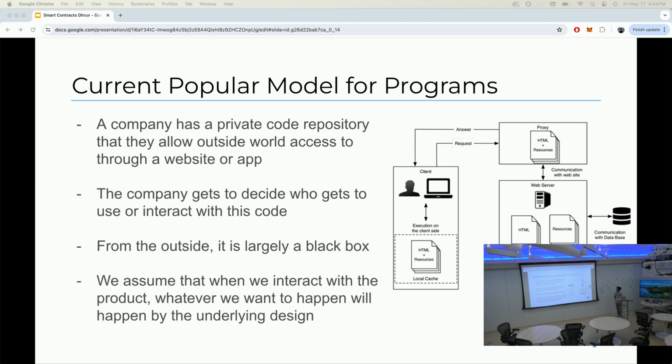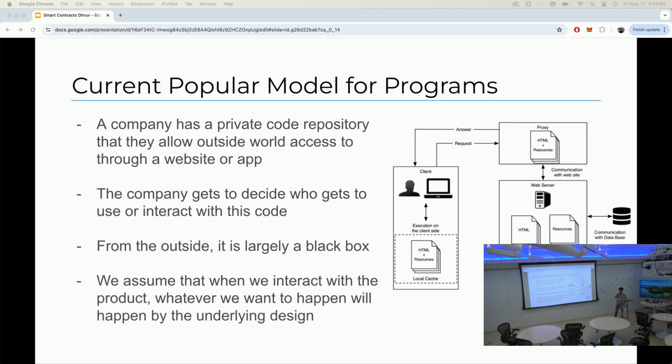So the current model for the way programs run is that a company will have a private code repository, which it allows the outside world and users to access via a website or an app. We're just interacting with the front end.